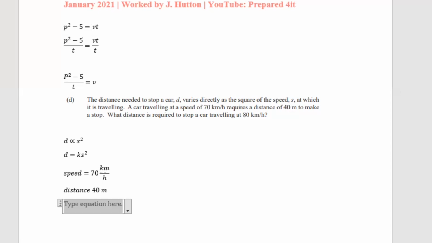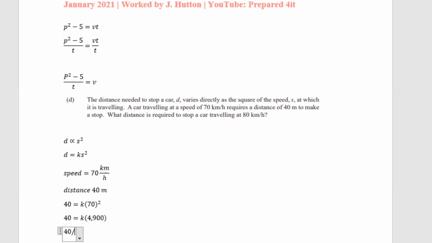So what we know is that distance is equal to k s squared, or distance is 40, is equal to k, and our s now, which is 70 kilometers per hour, is squared. So therefore 40 is equal to k, and when we square 70 we get 4,900. Now we need to solve for k. If the 4,900 was multiplying on the right hand side, when it comes across it will be dividing.